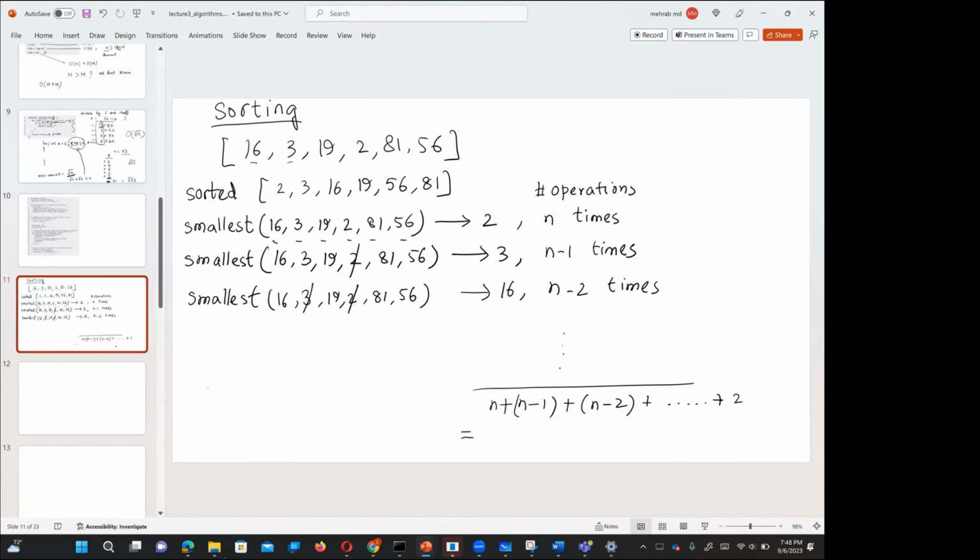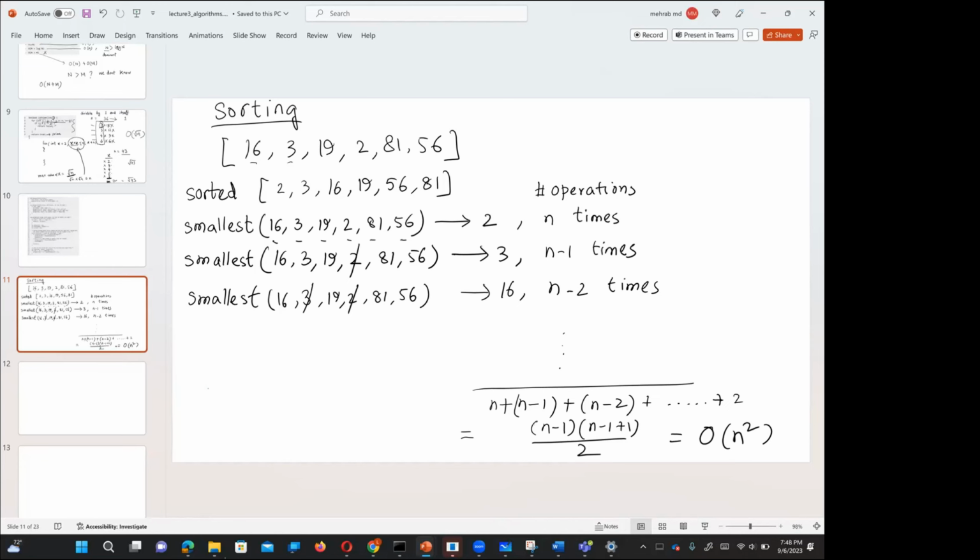So it's the summation of the series, 1 to n, right? The total number of operations, comparisons or inspections he's doing is n minus 1 into n minus 1 plus 1 over 2. So it's order of n square, right? Can we say that? Yes.